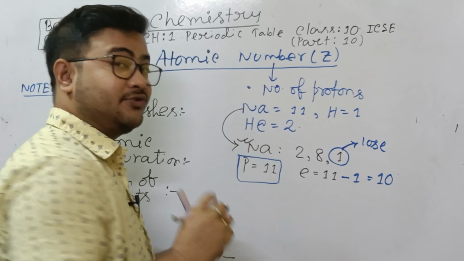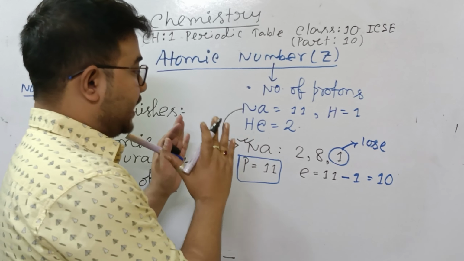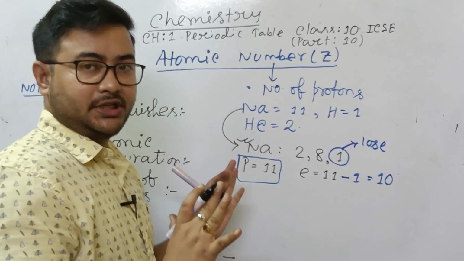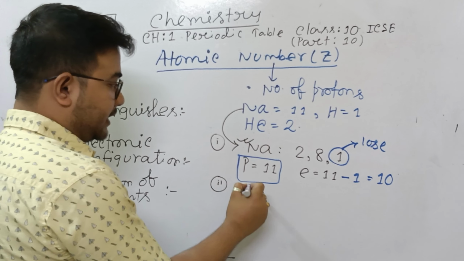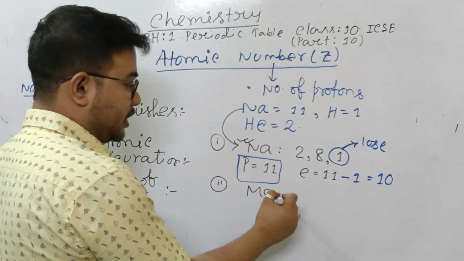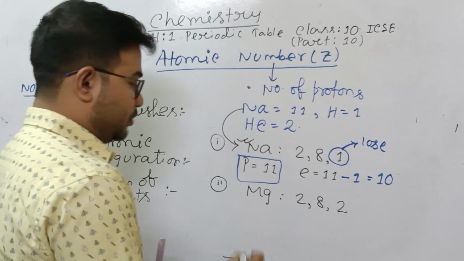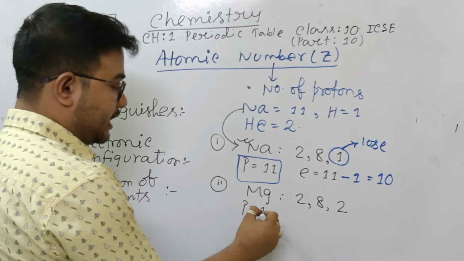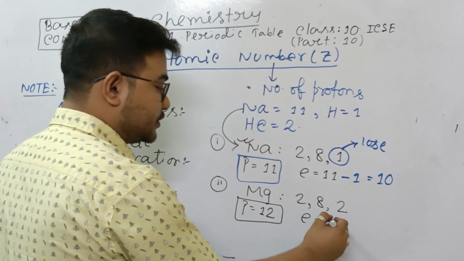This is the first example. Try to understand. If you note down this, you can attempt all the conceptual questions even. This is the first example, sodium. Look at the board. In case of magnesium, what is the electronic configuration of magnesium? 2, 8, 2. So in case of magnesium, what is the number of proton? 12. Number of electron also 12.